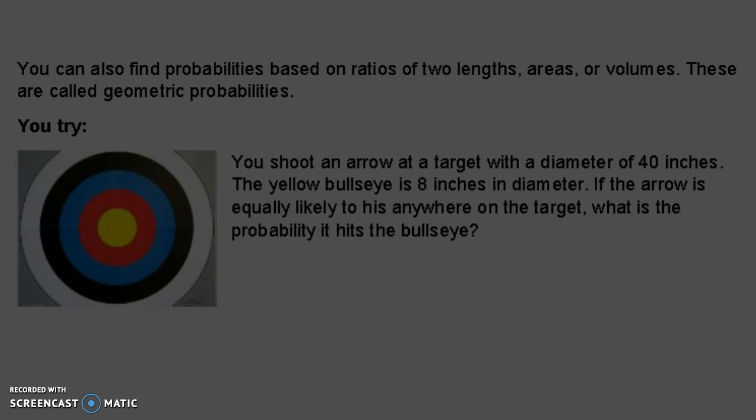So now we have 16 pi, since 4 squared is 16, divided by 400 pi. The pi's will cancel, and so to get this value I can go 16 divided by 400, and when we divide that we get 4 hundredths, 0.04, which is equal to 4%. So a 4% probability of hitting the bullseye.